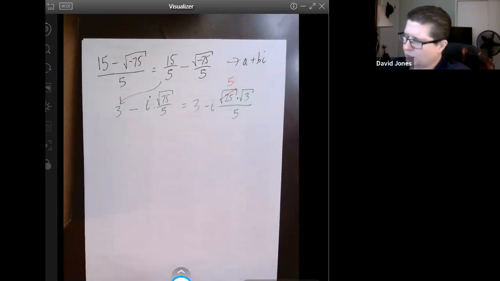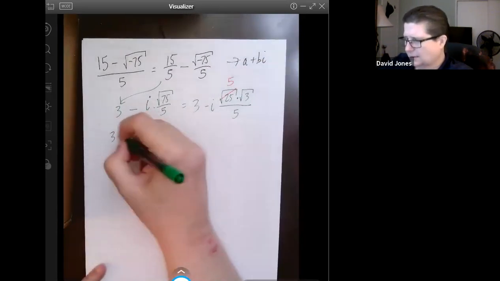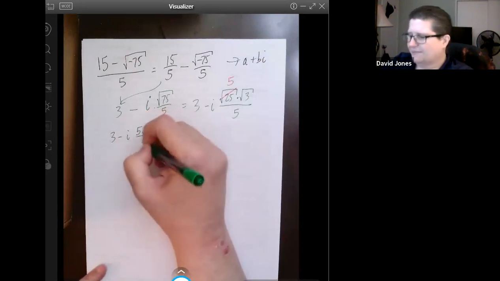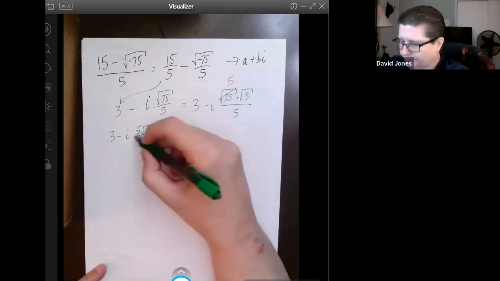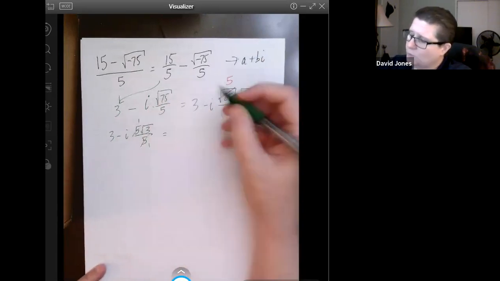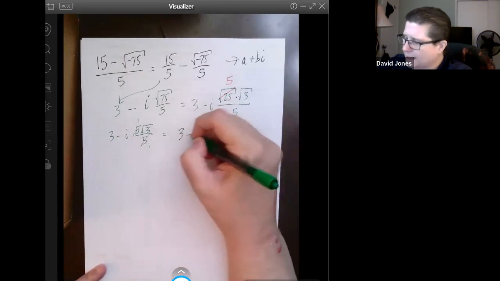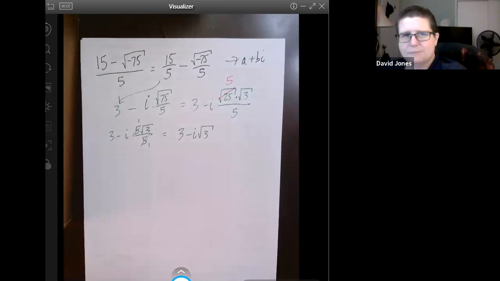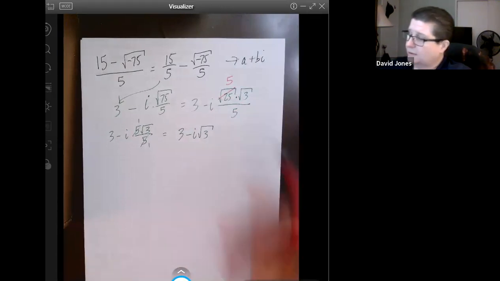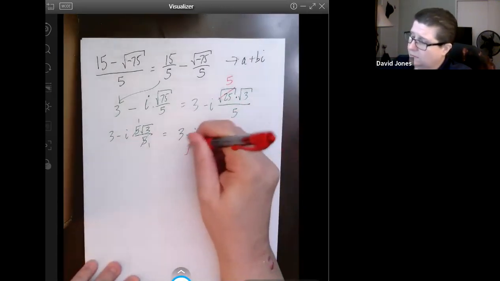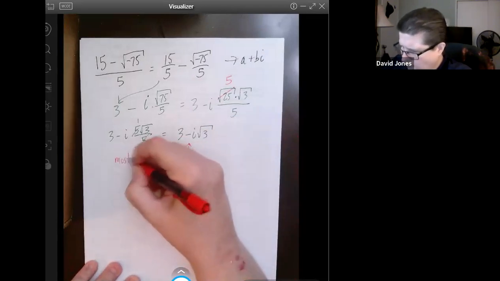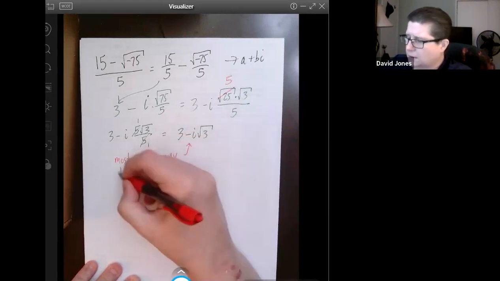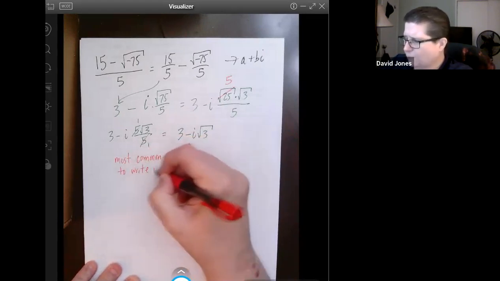Which means I've got 3 minus i, 5 root 3 over 5. The 5's cancel, leaving behind 1s. And I get 3 minus i root 3. This is the most common way to write it because it avoids confusion.